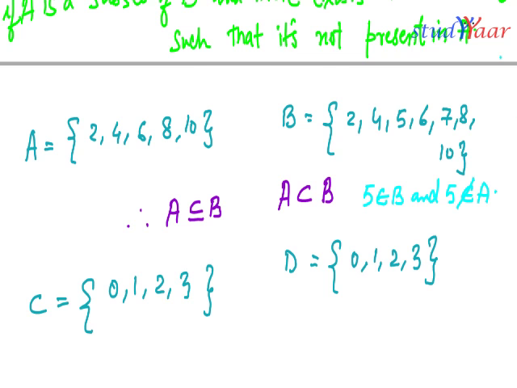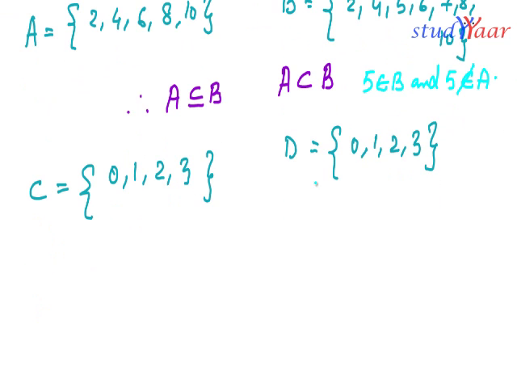But in the sets C and D, you see that C is not a proper subset of D because there is no element in D which is not present in C, or vice versa.